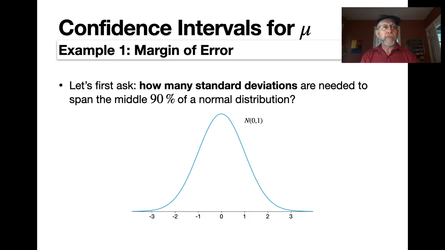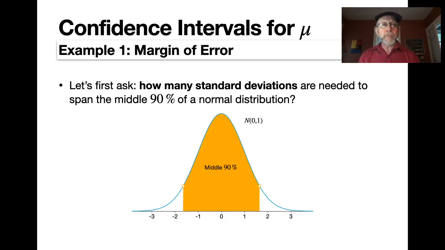When we're talking about how many standard deviations, we're talking about z-scores. And when we're talking about z-scores, we know that we're talking about the standard normal distribution. So I'm really looking for the span that gives me the middle 90% of a standard normal distribution.